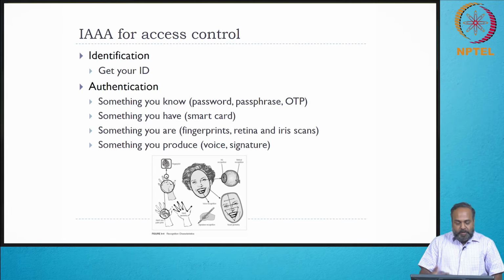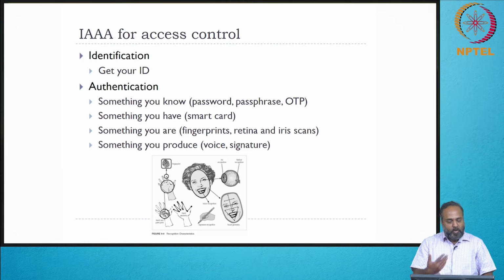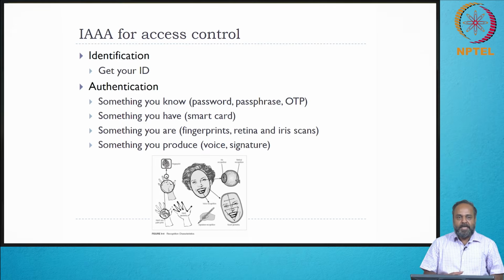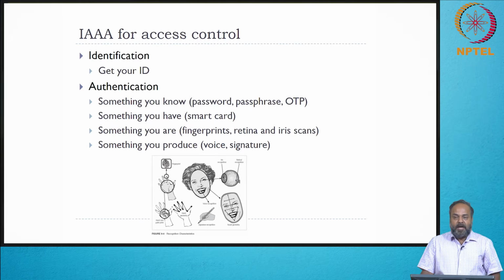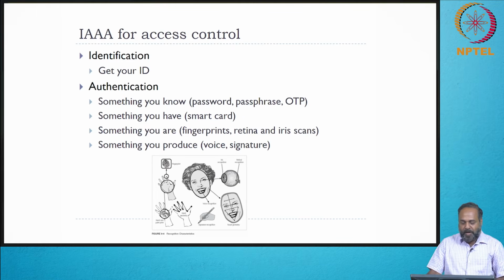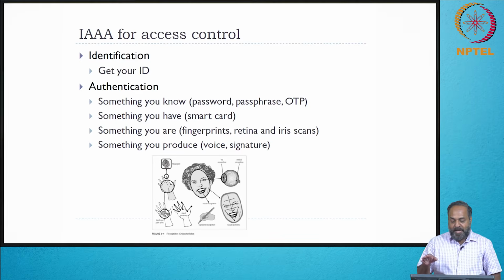So, there are 3-factor authentication and so on which Apple uses. Basically, to be very sure that it is you and not anybody else. So, it increases the level of access control when you have multi-factor authentication. The other methods are, you have smart cards, you have fingerprints, retina and iris scans.